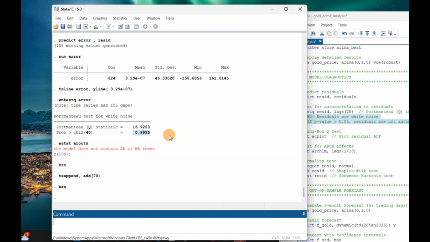Can we browse? And then we need to start with this date by forecasting 26 January 2026. Okay, how are we going to make it?